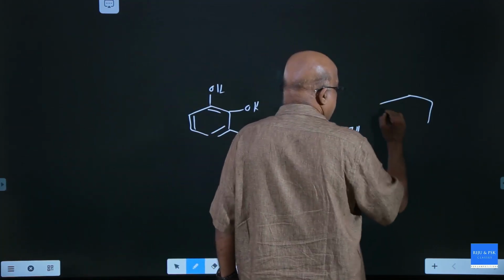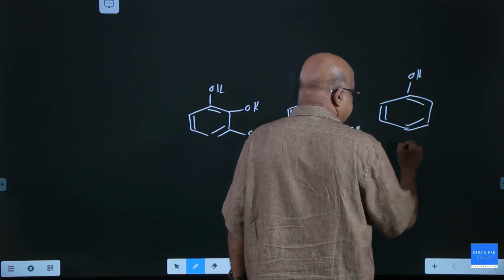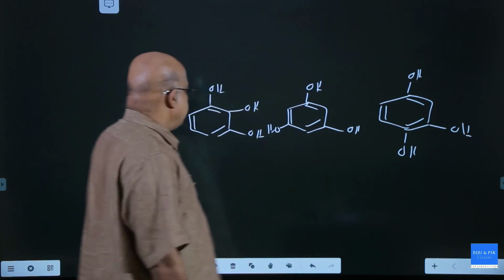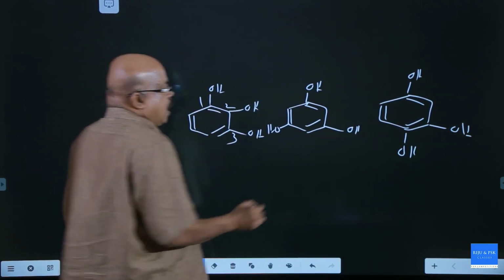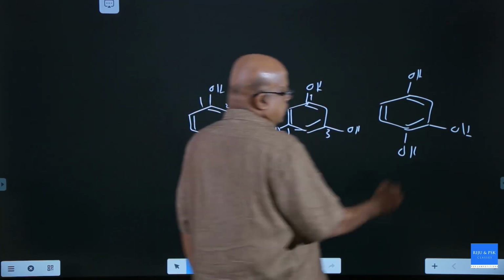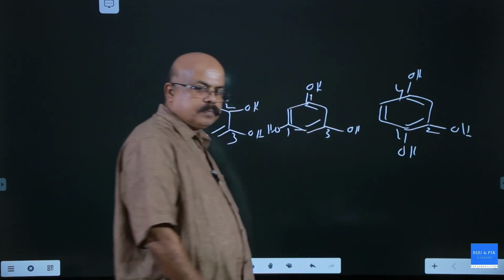This is benzene-1,2,4-triol. This is benzene-1,2,3-triol. This is benzene-1,3,5-triol. This is benzene-1,2,4-triol.